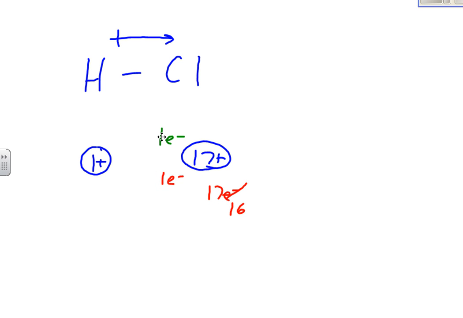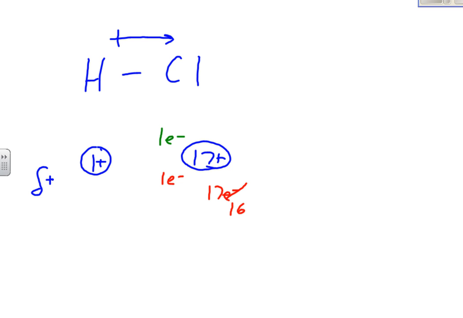Right? So now, when we look at this, what we see is hydrogen has a little bit more positive charge. There's still some electron density around there, but there's a little bit more positive charge there than there is negative. So this end of the molecule is going to be partially positive. And then when we look over here, we see 17 positives, and then we see a little bit more than 17 electrons worth of electron density here.